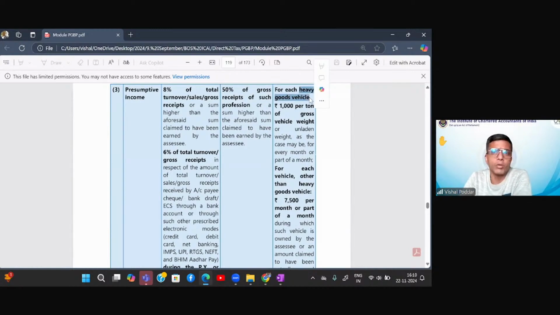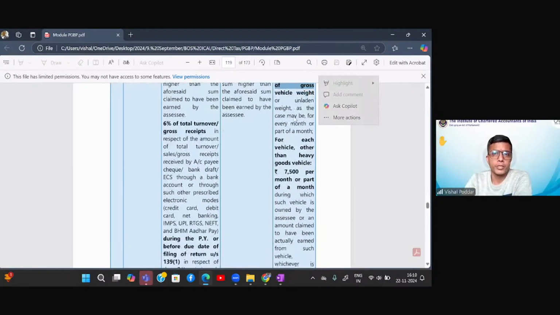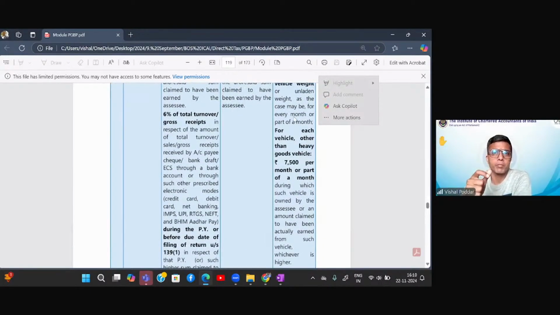If your truck is a heavy goods vehicle, then the estimated income is 1,000 per ton. So if you are transporting, let us say 12 tons, it will be 12,000. If you're transporting 10 tons, it will be 10,000. But this is in a day. So this is your income in a day.